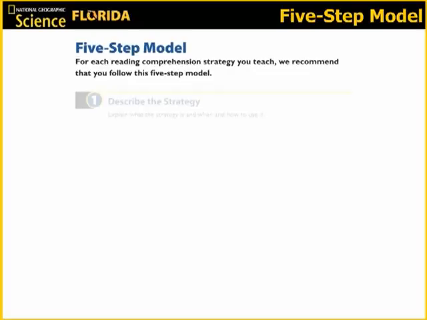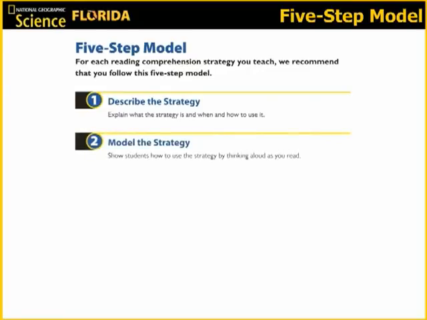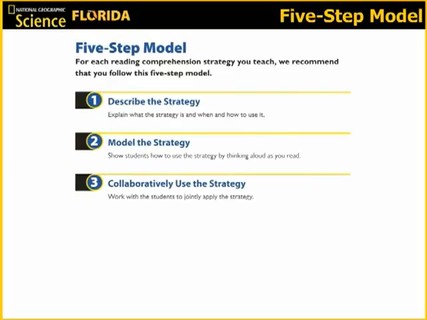The first step is to describe the strategy by explaining what the strategy is and how and when to use it. Step 2 is to model the strategy, showing students how to use the strategy by talking aloud as you read. Next, collaboratively use the strategy by working with students to jointly apply the strategy.